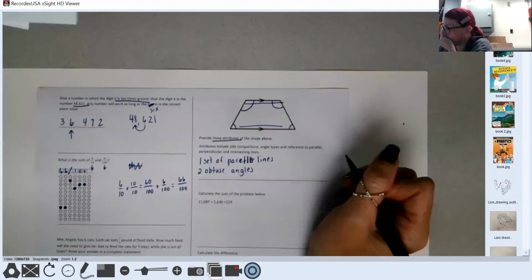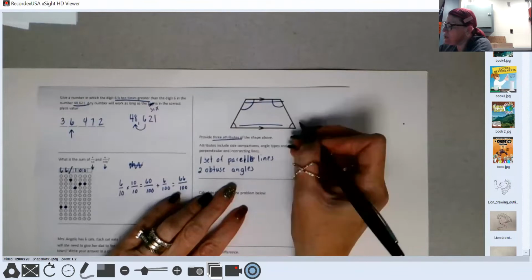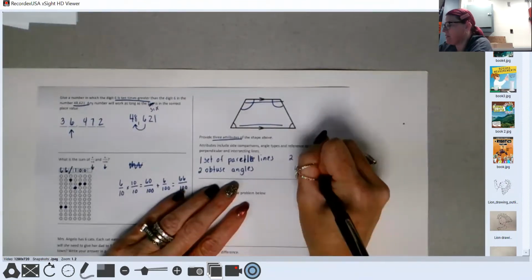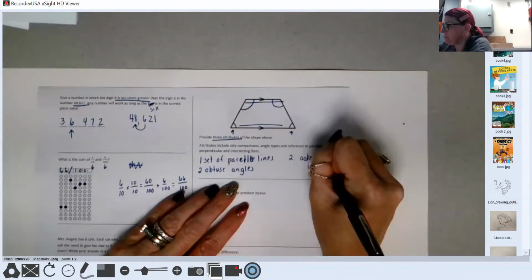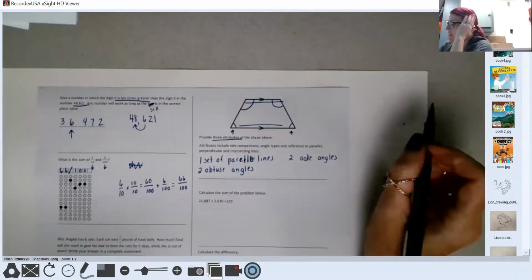And I'm going to say 2 acute angles. This is acute and this is acute. So those are my 3 attributes.